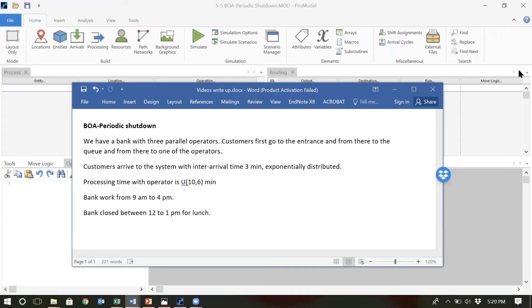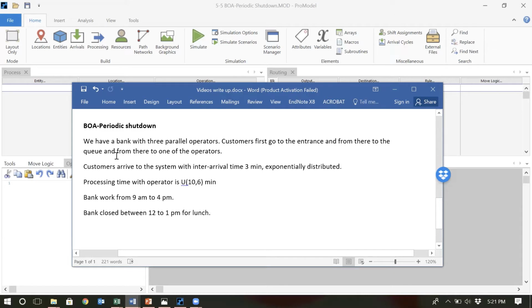Now we want to see how we can take care of this periodic shutdown in a simulation model. We're going to develop a simple model. Please create a new model in the folder for week 5. We are going to name the model Bank of America BOA-periodic shutdown. This is the structure of the model.